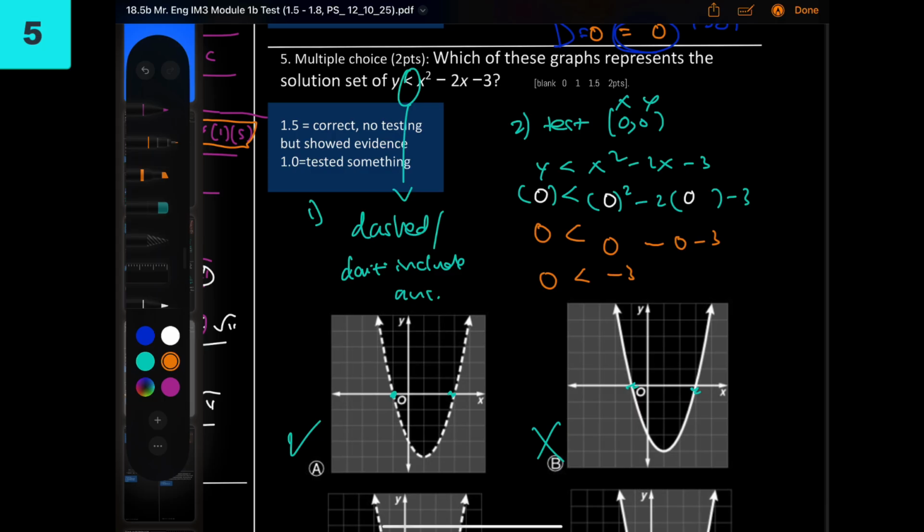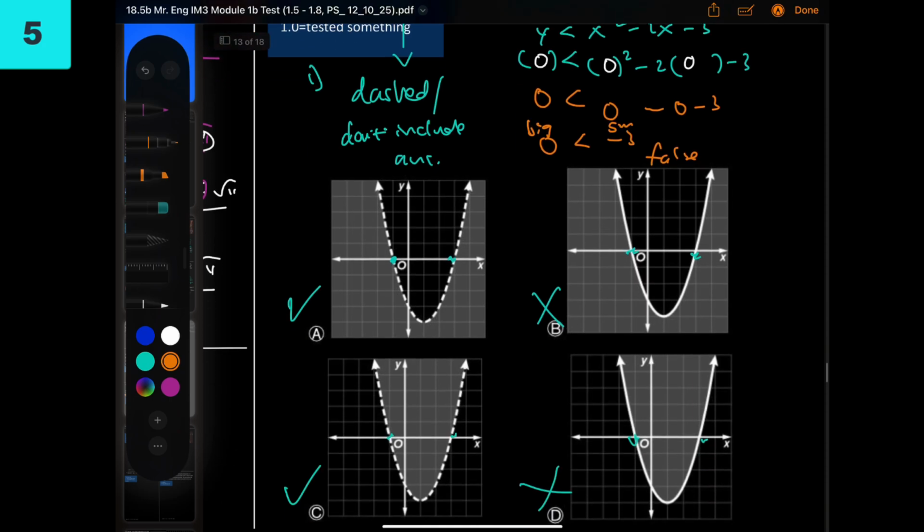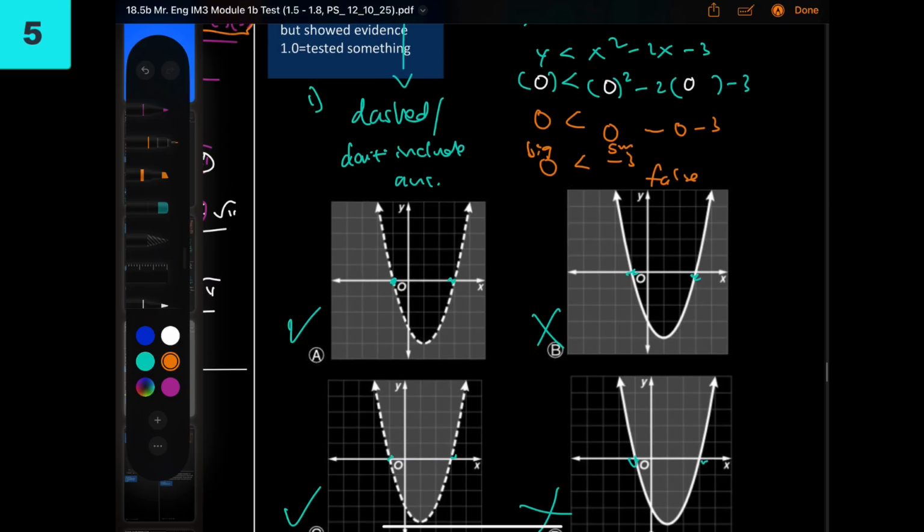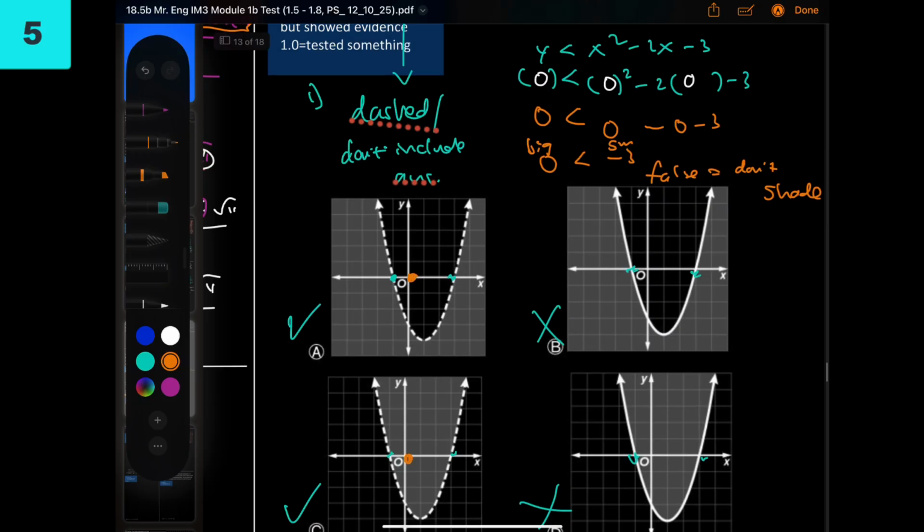The answer to that is false. 0 is bigger and -3 is smaller, but they're saying the bigger is smaller than the smaller, and that's not true. So that means you don't shade. Don't shade. So we just tested 0, 0, and we're not going to shade that. So the answer then is A.